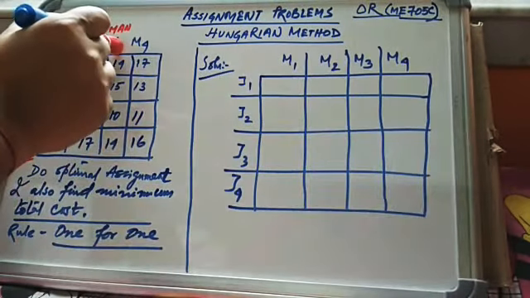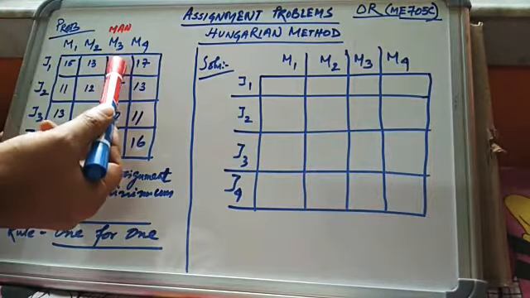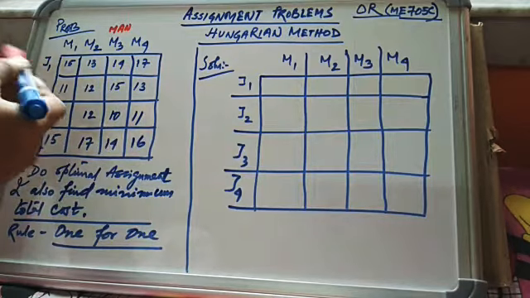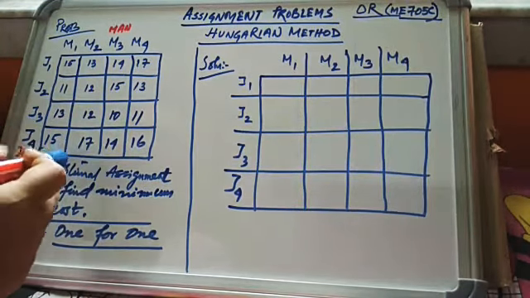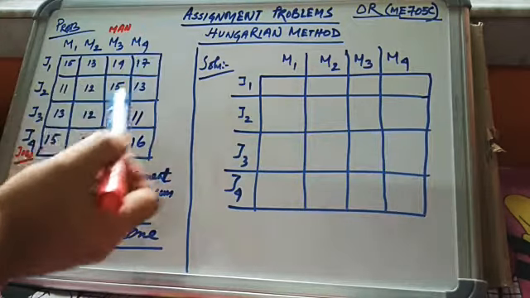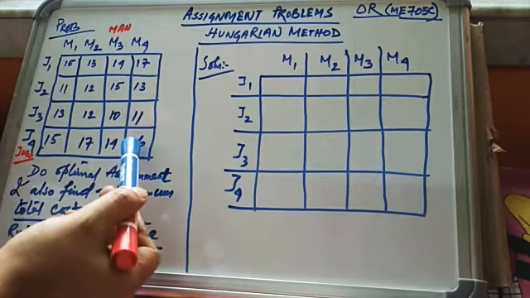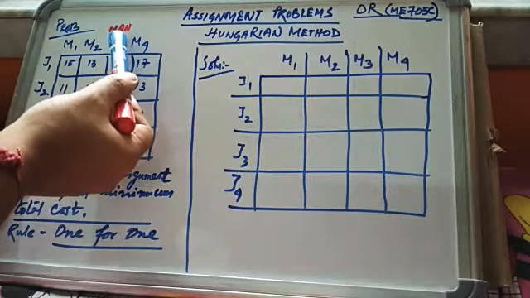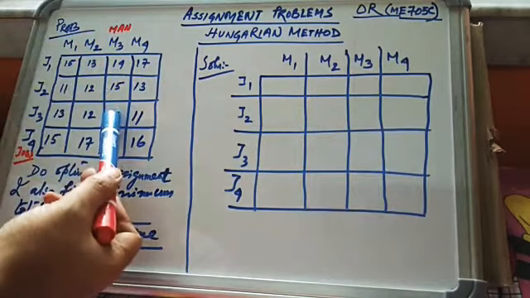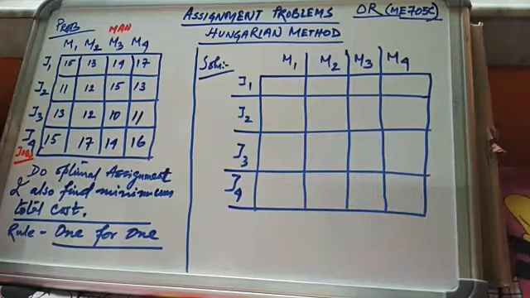But this man M3 demands 14 rupees for doing the same job J1. Similarly, you can find this man M4 for doing the J4 job demands 16 rupees. Now M3 demands rupees 10 for doing the J3 job.